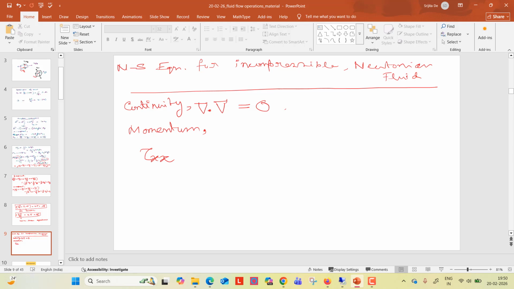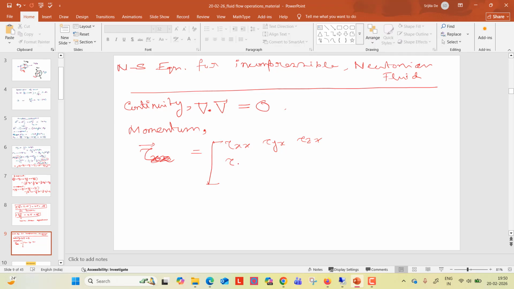As tau is a tensor, it has 9 components, you know. These are tau xx, tau yx, tau zx, right?